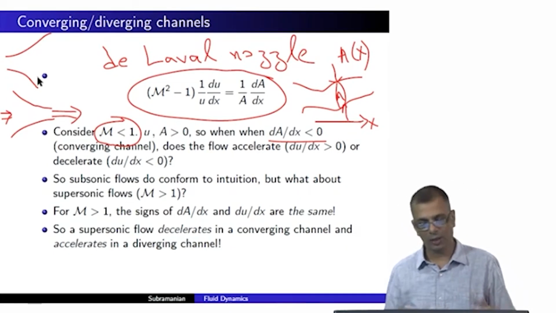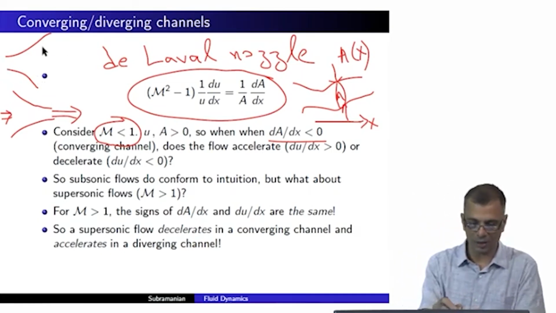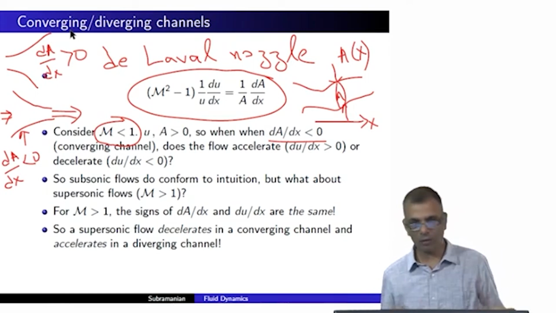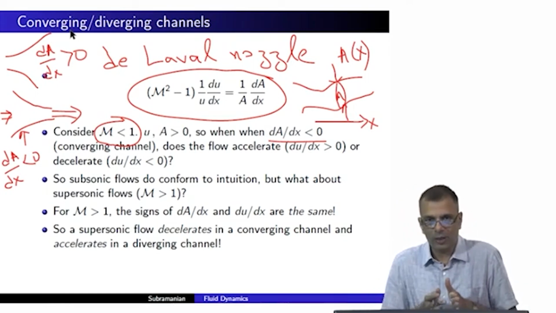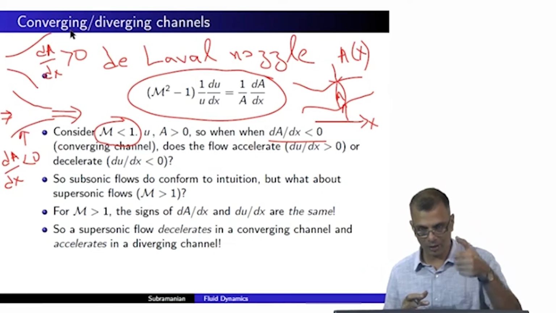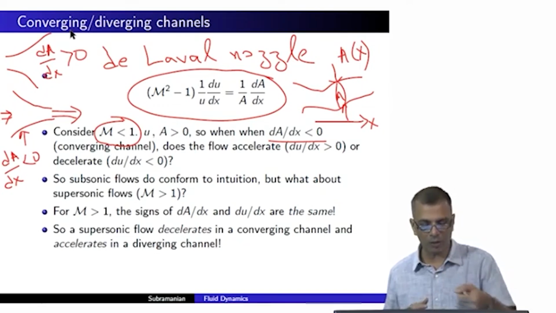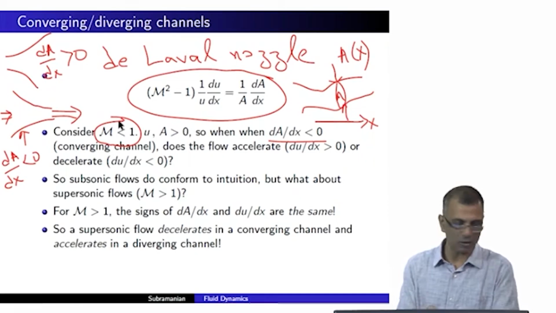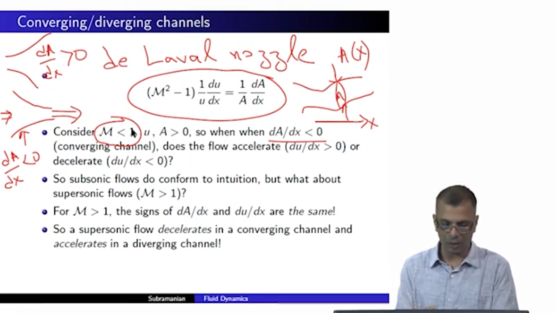So normally we expect that when the cross-sectional area increases, the flow decelerates, and when it decreases, for instance if you pinch the pipe, the flow accelerates. As long as the Mach number is less than 1, that behavior is indeed reproduced.